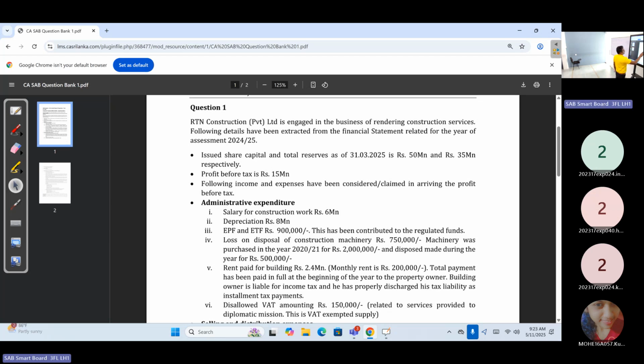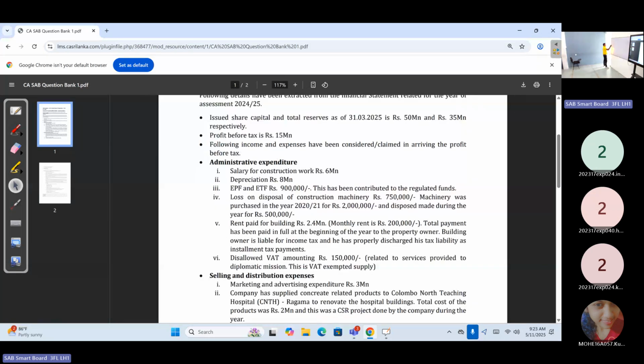Salary for construction workers and salary for staff are expenses incurred in the production of income.